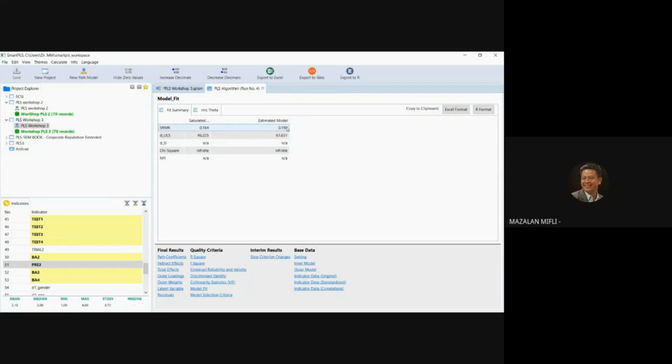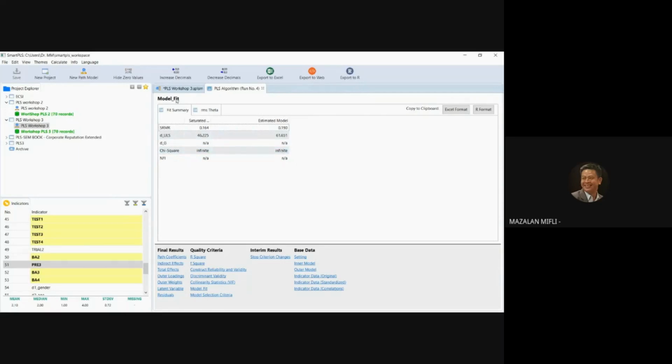That's what Hair wanted, but here we have already violated it. The model is not fit at all. Even the NFI is not there, the chi-square does not even show, it's infinite. So you may actually experience this kind of situation.